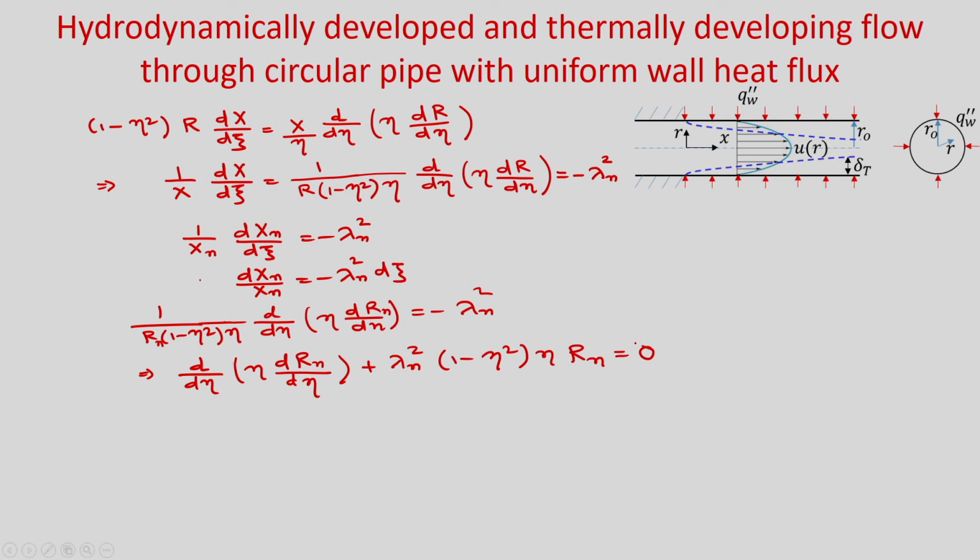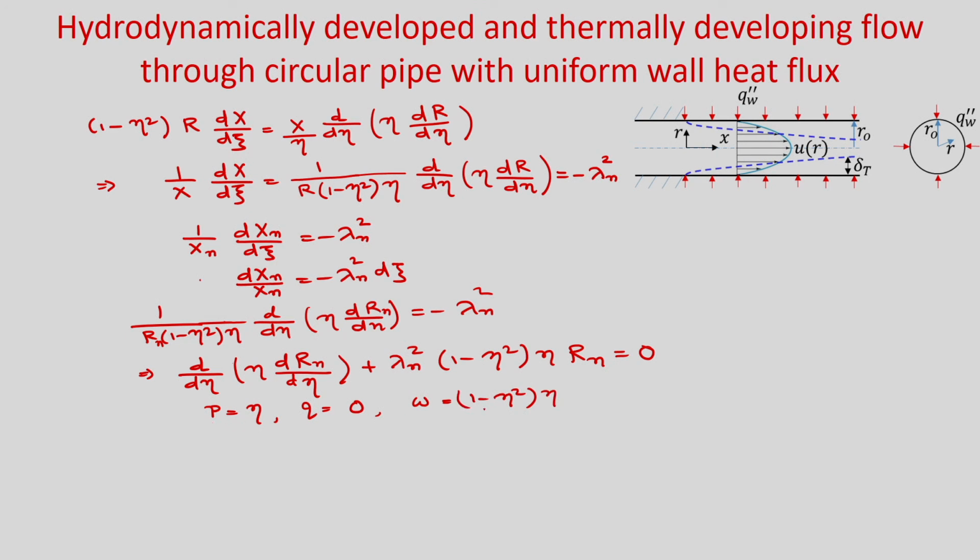Now, you see this second order ordinary differential equation, you compare it with the Sturm Liouville equation. If you compare, P is your eta, Q will be 0 and the weighting function W is 1 minus eta square into eta.